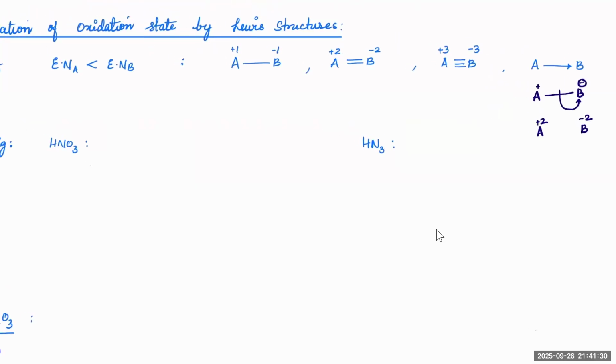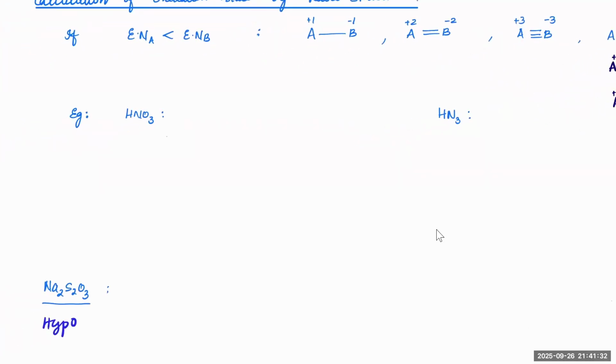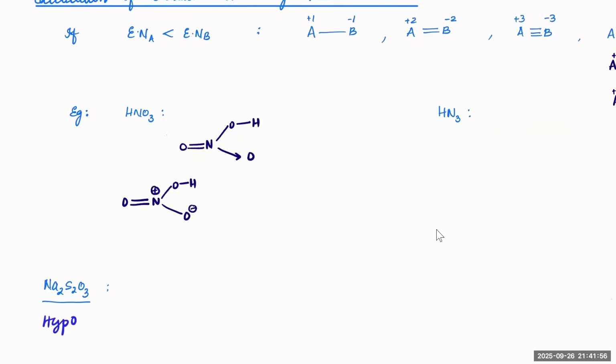And check. HNO3, the structure is like this. N, I think I discussed this already. N double bond O, O and H with a dative bond O, which can also be written as N, O and H with a covalent bond with minus and plus. And this minus and plus will help more easily understanding the bonds.